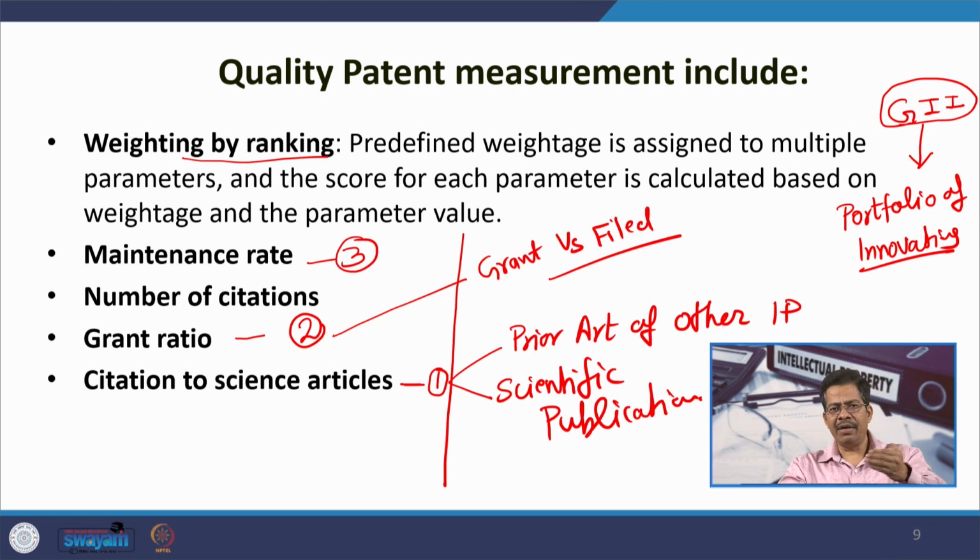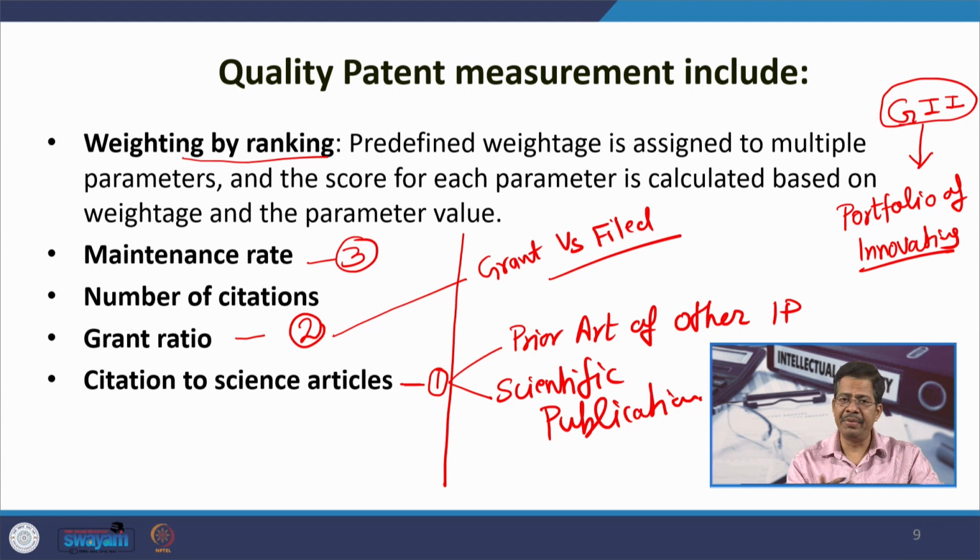All these have some weightage, and accordingly your overall score is calculated based on your performance on each of these parameters. So, that is a composite way of ranking your IP portfolio.